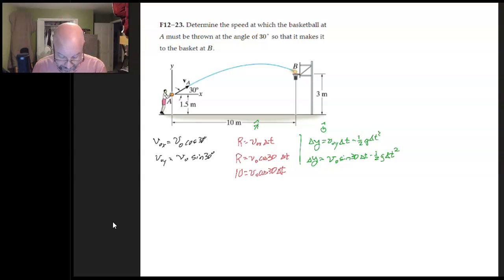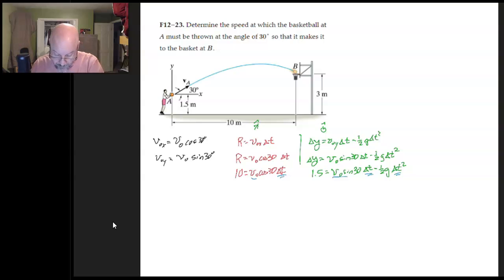My delta y, I'm going up 1/2: 1/2 equals v naught sine 30 delta t minus 1/2 g delta t squared. So in both of these equations, here's v naught, which we don't know, and here's delta t, which we don't know.